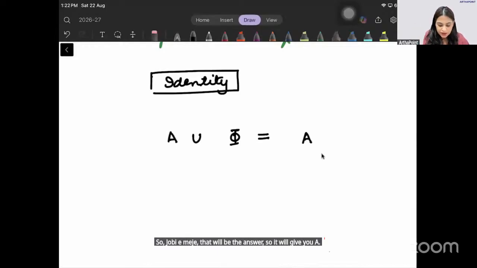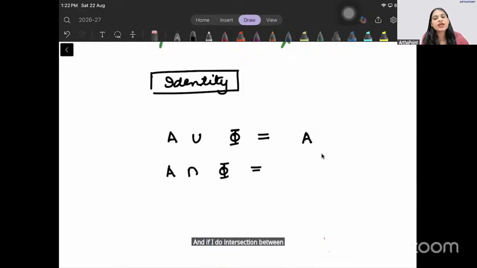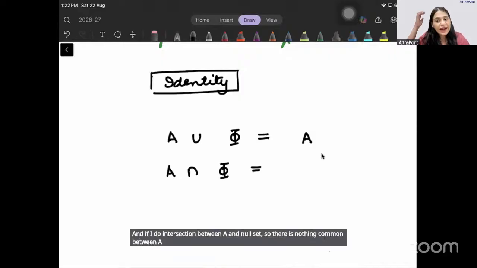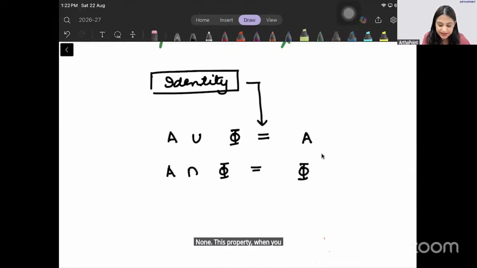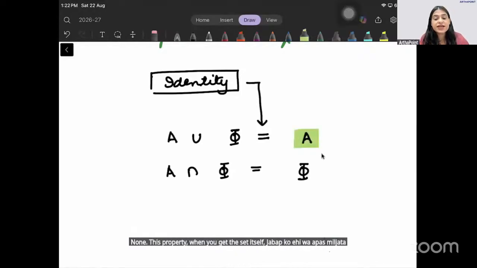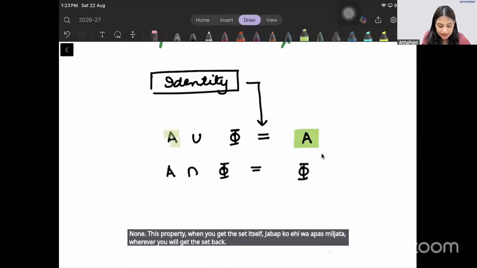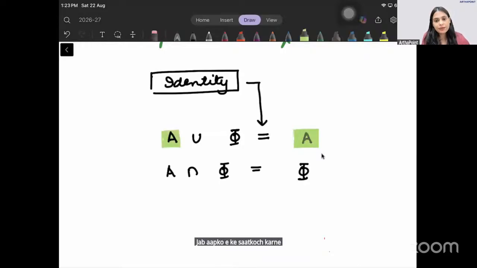It will give you A. And if I do the intersection between A and the null set, there is nothing common between them, so that will give me null. This property, when you get the set itself back, when you do something with A and get A back, is called the identity property.